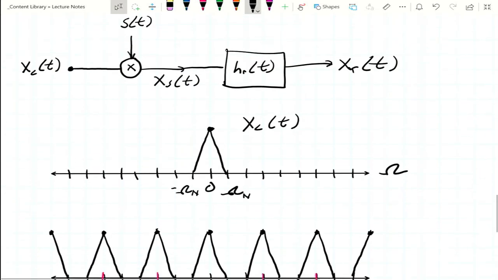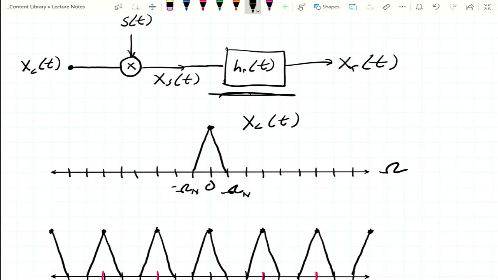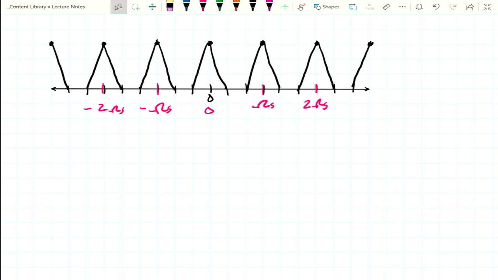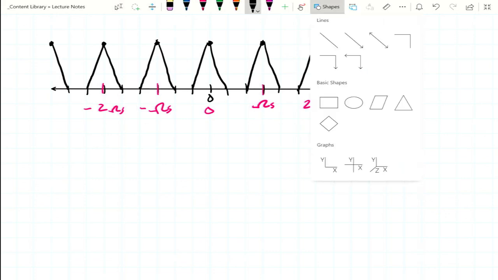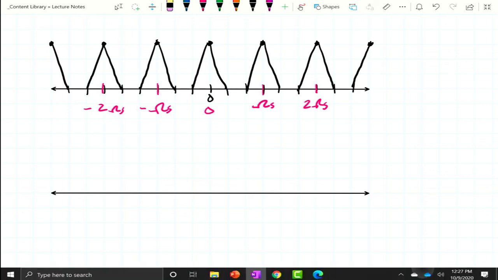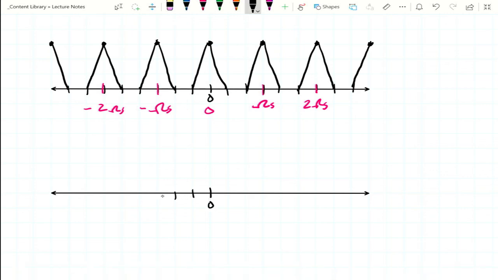And then the last thing that happens is this h sub r of t is going to be a low-pass filter. And it's going to draw like this.